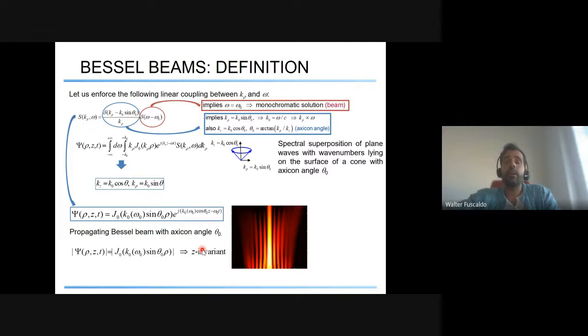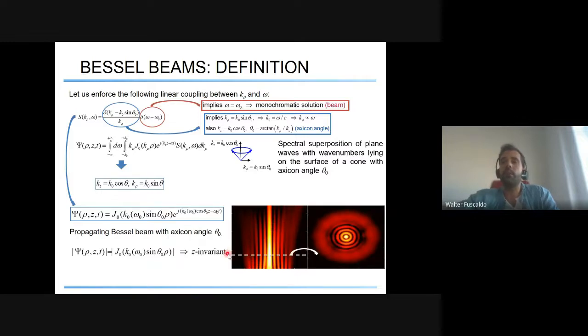If we look at the modulus of this expression, we see that this solution is actually invariant with respect to translation over the vertical coordinate. This can be better seen from this picture on the right that shows that as the z-axis, that is the vertical axis, goes ahead, the transverse shape of the beam is almost unchanged.